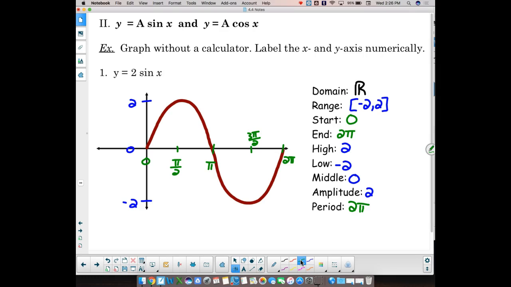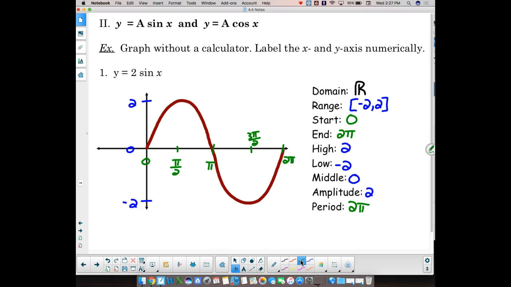These directions will be on all of the graphs. You're graphing them without a calculator. You're labeling the x-axis, that's in green here, and you're labeling the y-axis, that's in blue. Every graph needs to be labeled, both x and y. And you're going to label it with, on the horizontal, the 5 key points.